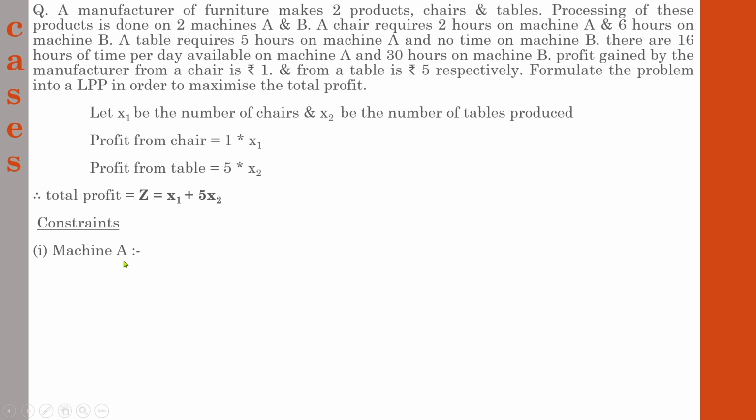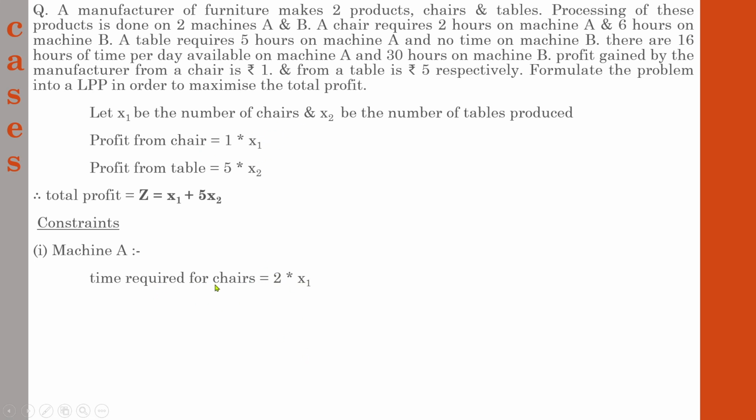So with regard to machine A, time required for chairs. For machine A, it is specified that a chair requires 2 hours on machine A. So we have said that time required for chairs is 2 into x1. 2 hours for x1. We have assumed that let the chair be x1.